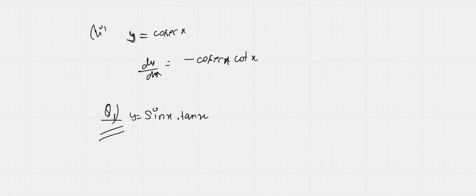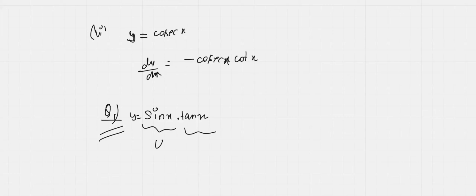So is it cos x secant square x? Wait, let me see. How did you solve this one? You said the differentiation of sin x is cos x and tan x is secant square x. But isn't it a UV formula, since you have two different functions?